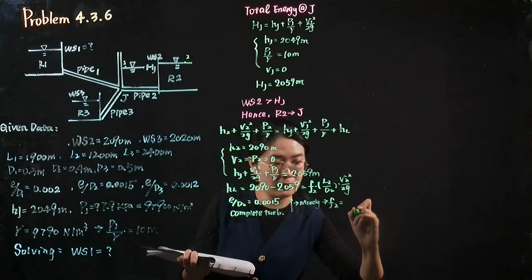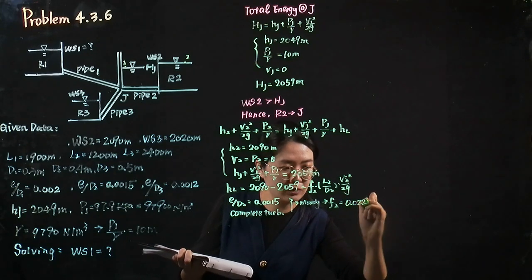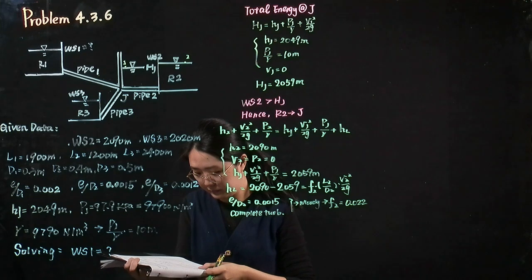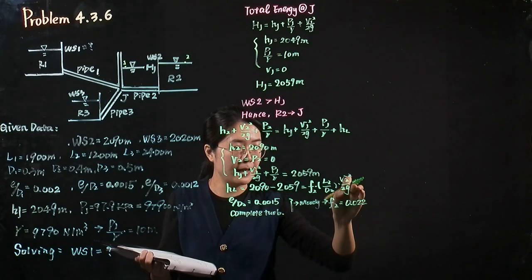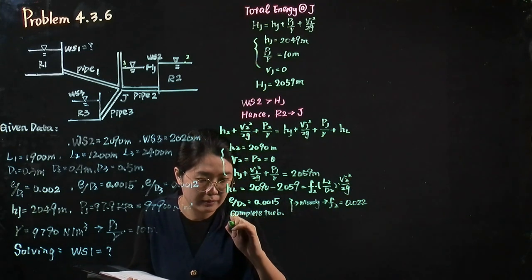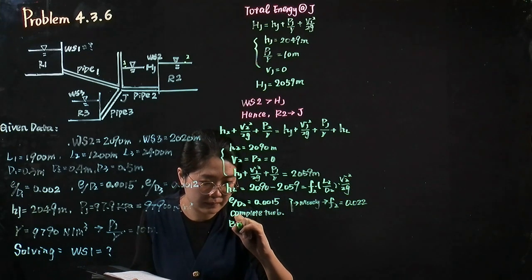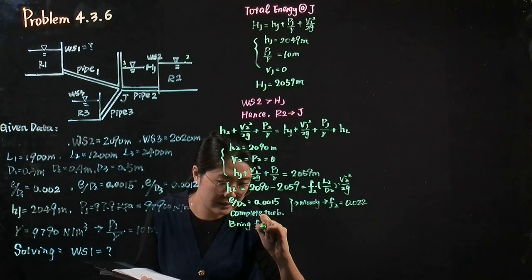It's close to 0.022. And then if we bring this value back to the Darcy-Weisbach equation, we can get the velocity.